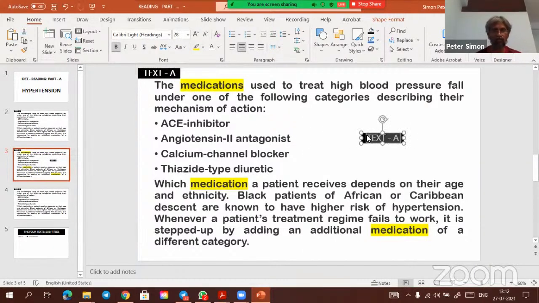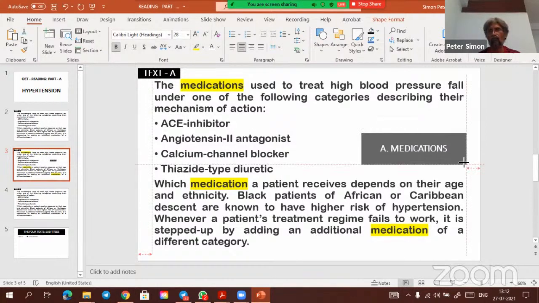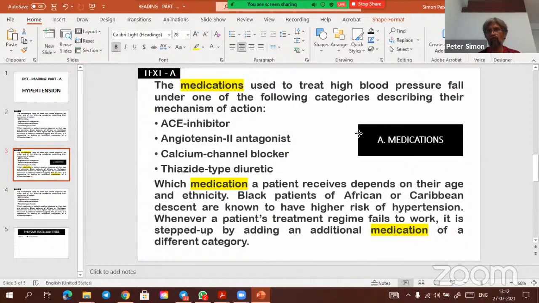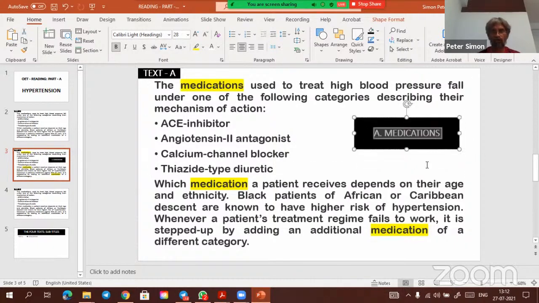This title is A. It is for medications. So simple.